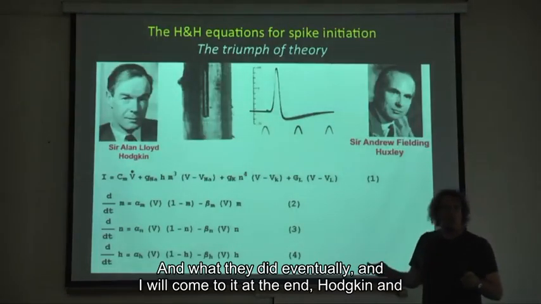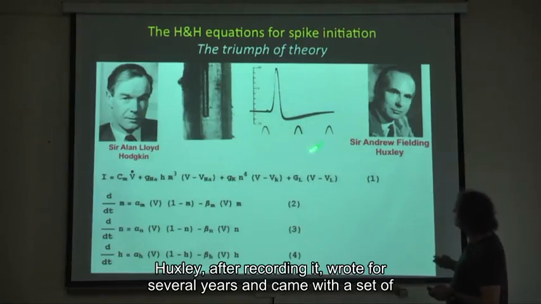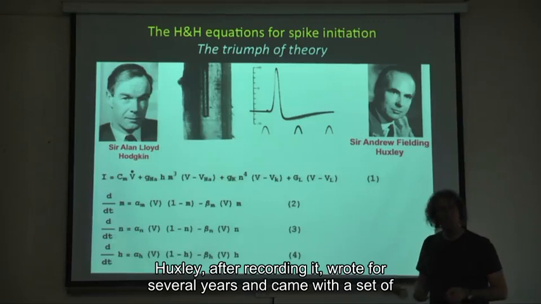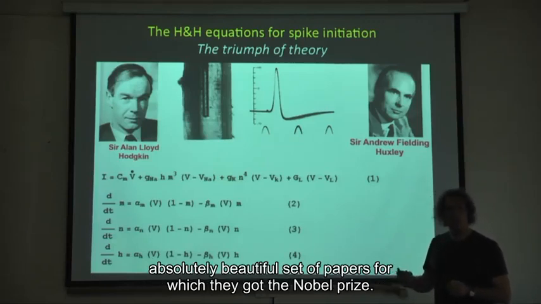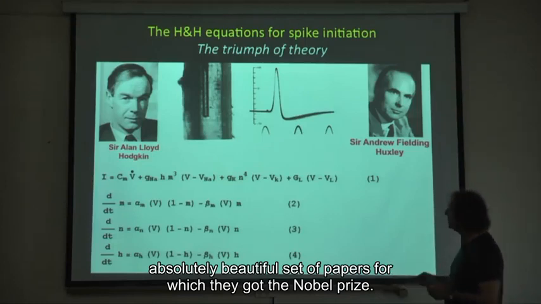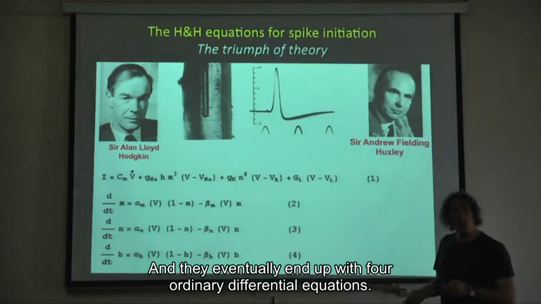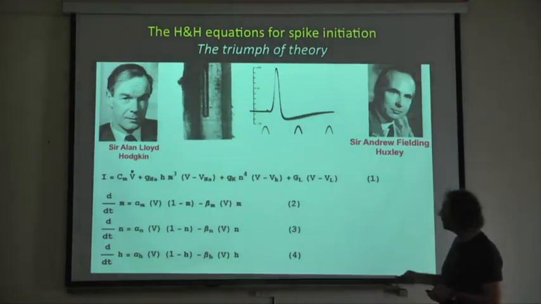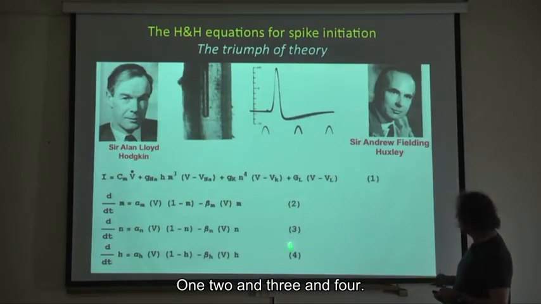And what they did eventually, and I will come to it at the end, Hodgkin and Huxley, after recording it, worked for several years and came up with an absolutely beautiful set of papers for which they got the Nobel Prize. And they eventually ended up with 4 ordinary differential equations. 1, 2, 3, and 4.